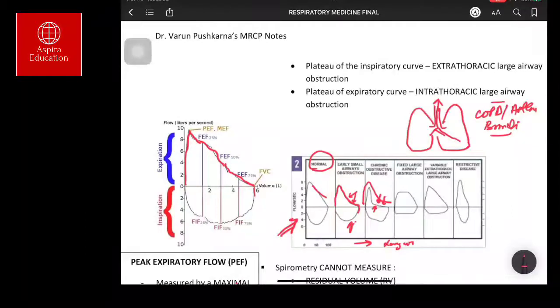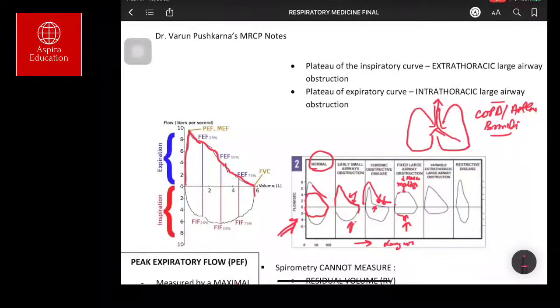Then, if there is a fixed large airway obstruction like in malignancy or an impacted foreign object, in these cases, beyond that volume, the lung will not be able to take more inspiration as well as more expiration. So, this is kind of a stunted normal graph. This is fixed airway obstruction.